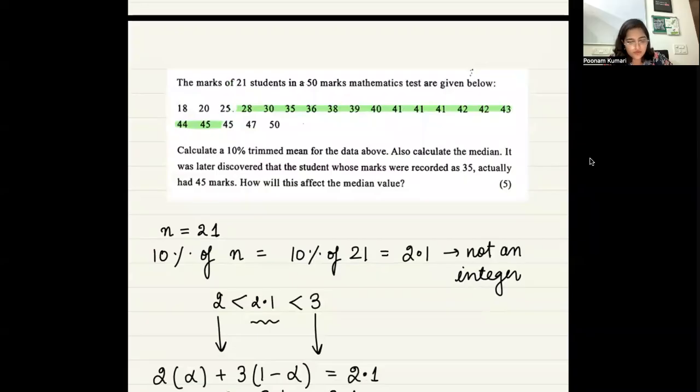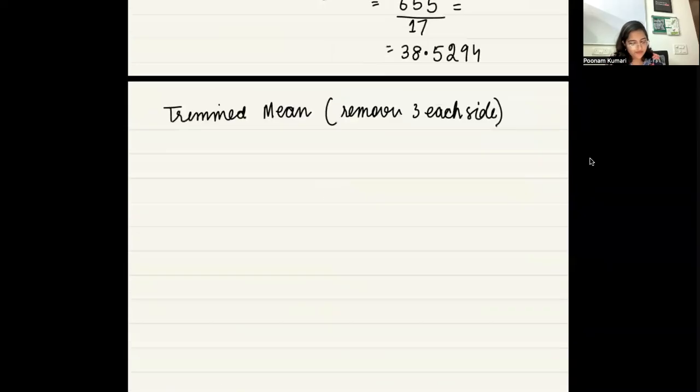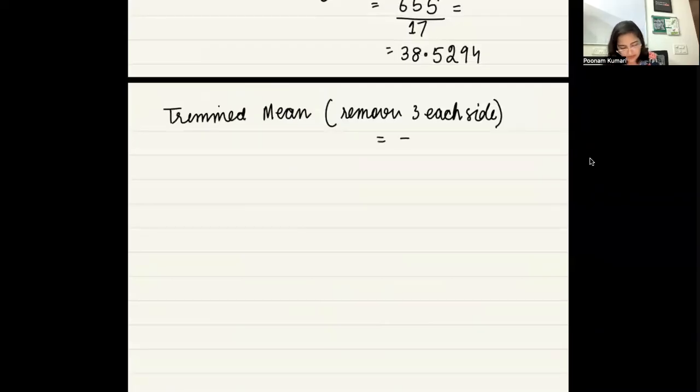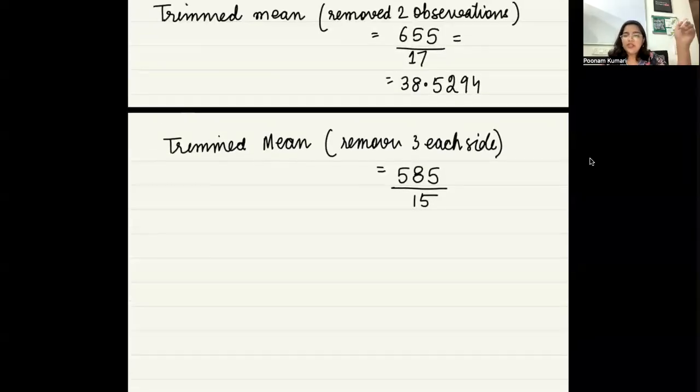So you remove basically 60 and 70, which gives 585. Then you divide it by what? Earlier you had 17 observations, now you have 15 only, because you removed 3 this side, 3 that side. So what is that? 39, right?